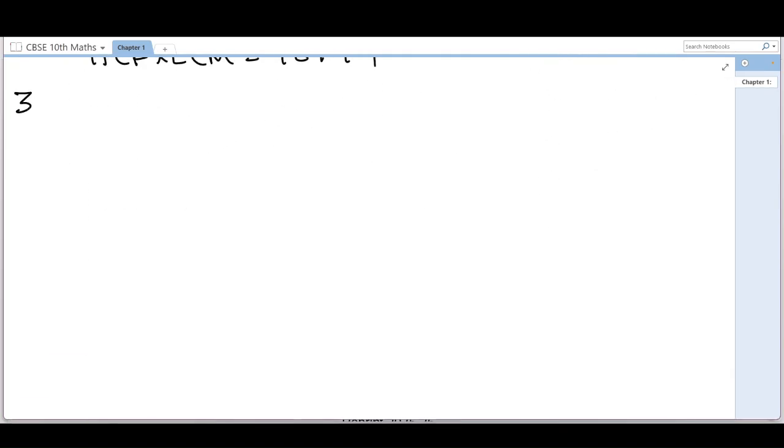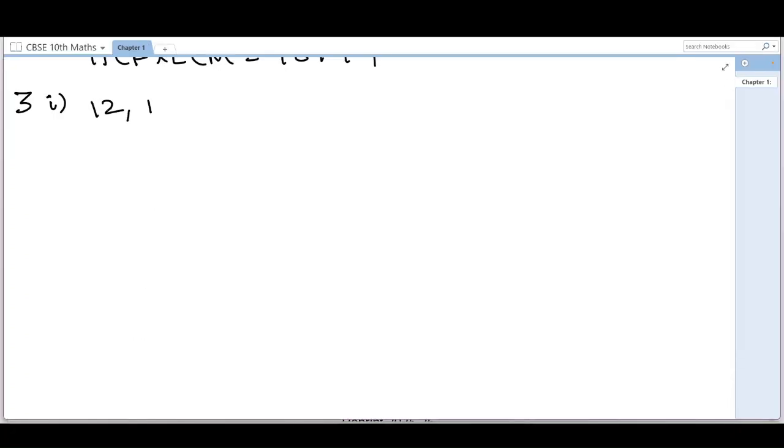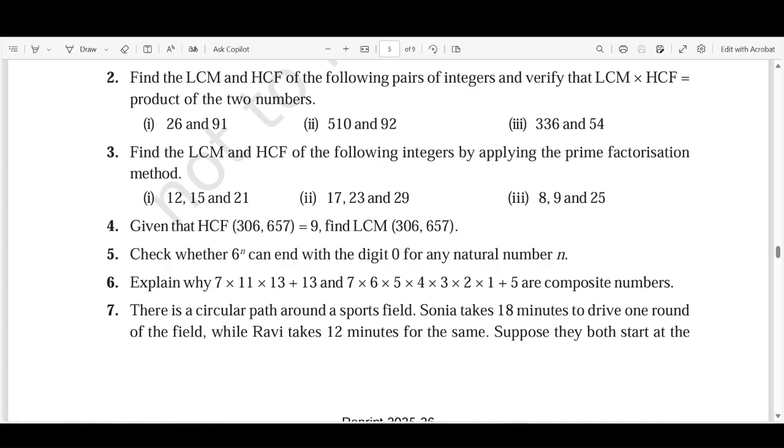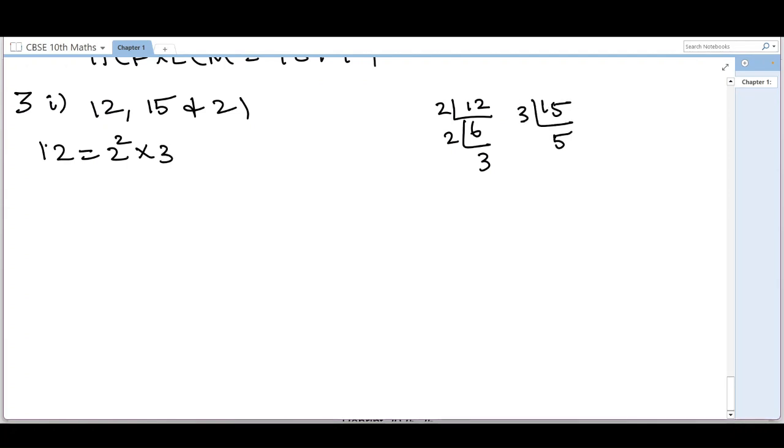Question number 3, first subdivision, 12, 15 and 21. For 12 it is 2 square into 3, and for 15 it is simply 3 and 5, and for 21 it is 3 and 7.